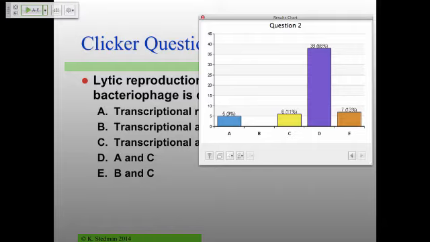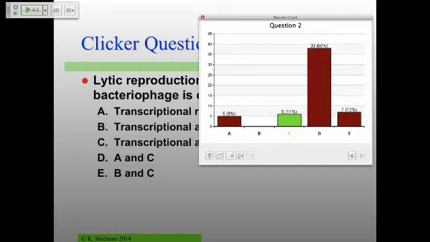I'll let you think about it. Transcriptional activator, C1 can serve as an activator, but that's, again, really important for lysogenic reproduction. Transcriptional anti-repression, I heard lots of people saying this already. So what are the anti-terminators? N and Q, exactly. And so the answer is D, but it's mostly the anti-termination, which is critical for this.